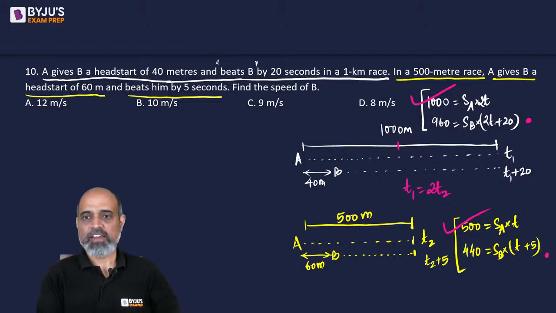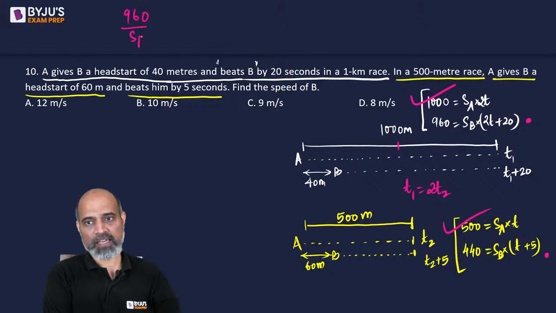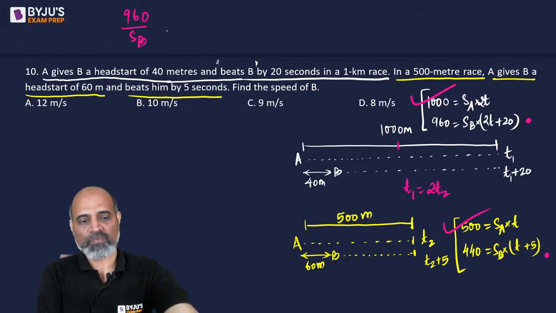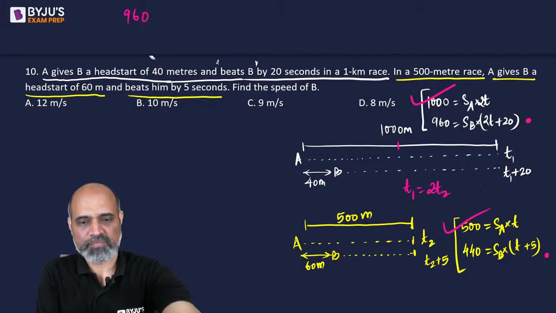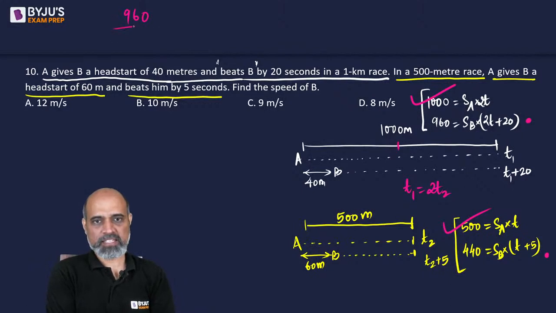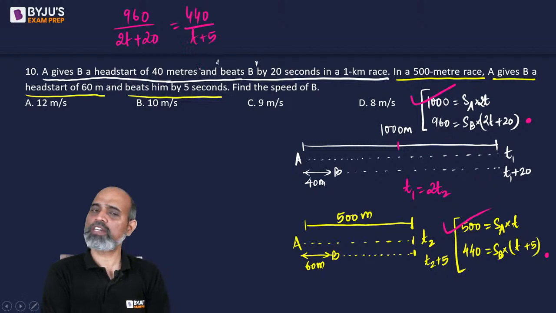Okay. From the first one, can we say 960 by 2T plus 20, which is equal to SB, that will be equal to, from this one, 440 by T plus 5. This is also SB.